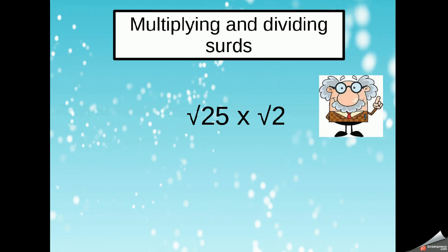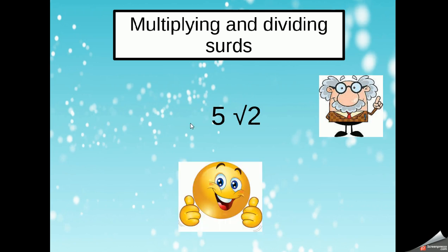Now the reason why I'm choosing the root of 25 is because 25 is a square number, and when we root the square number, we'll get its root, which is, in this case, 5, because 5 times 5 is 25. So when you're looking for two numbers that multiply to give the surd, look for the one that's got a square number in it. So in that example I chose 2 and 25 because 25 is a square number.